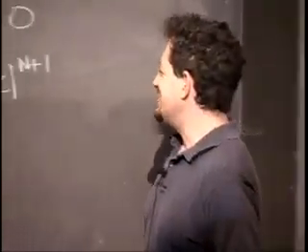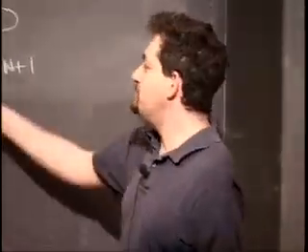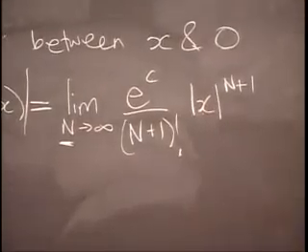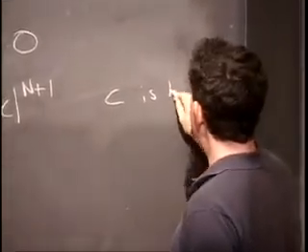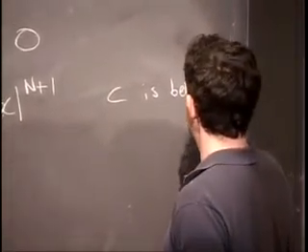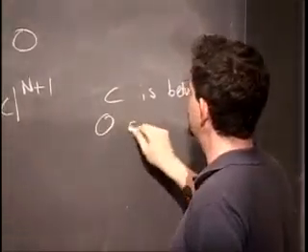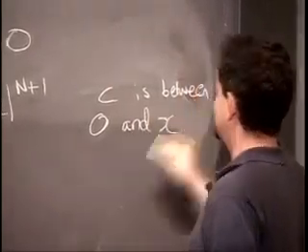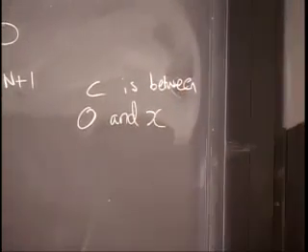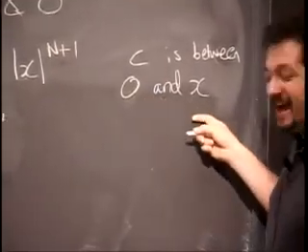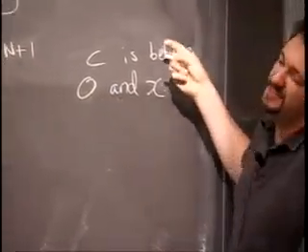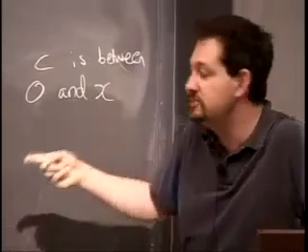Okay? So here's a question. How big could e to the c possibly be? C is between 0 and x. So how big could it be? Well, it could be as big as e to the x if x is, say, 2. Suppose x is 2.